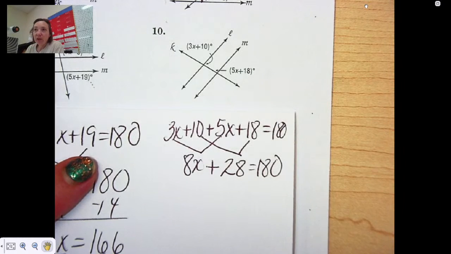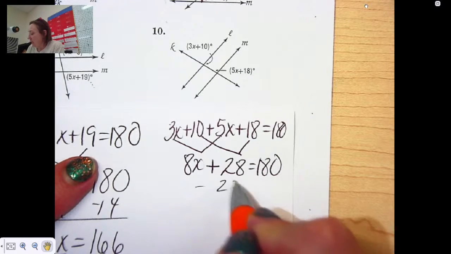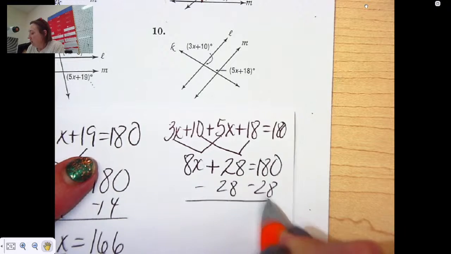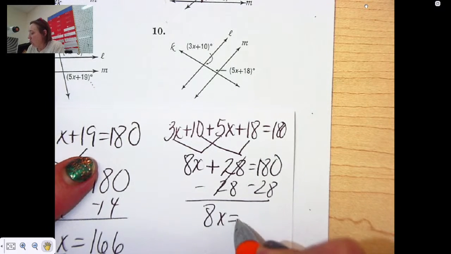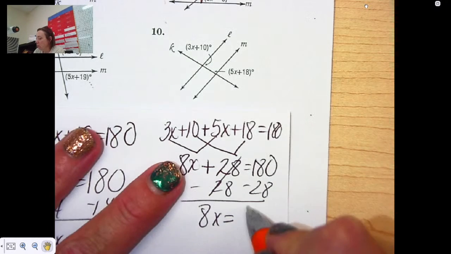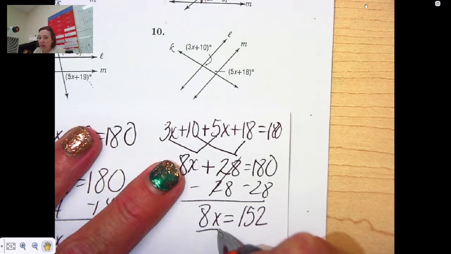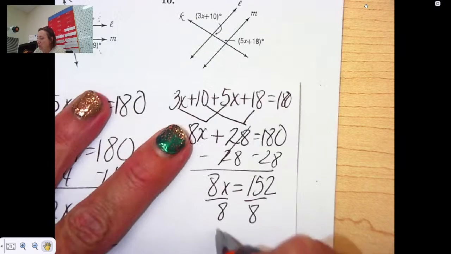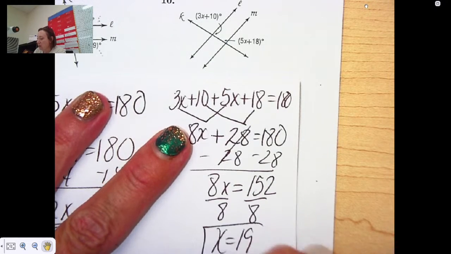Okay, so far so good. Then we're going to subtract 28 from both sides. And that's going to give us 8x equals... 180 minus 30 would be 150. But I add 2 back because it wasn't 30, it was 28. So 152, right? And then if I divide both sides by 8, you get x equals 19.